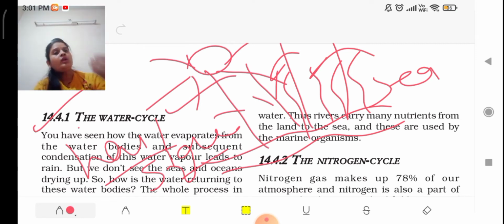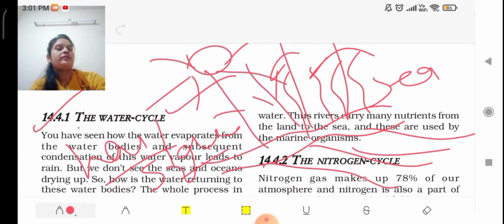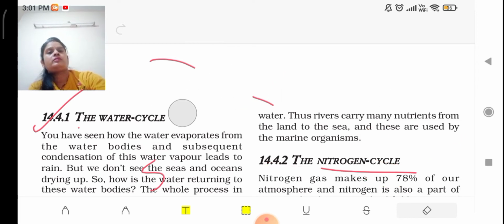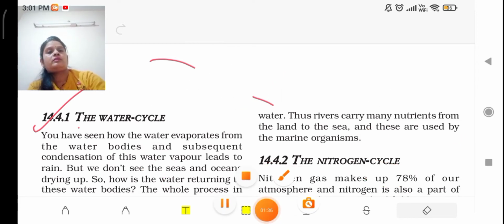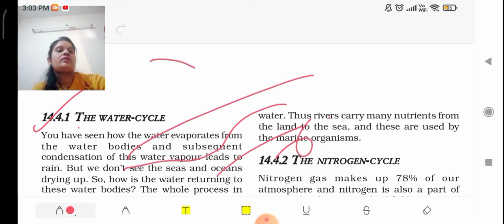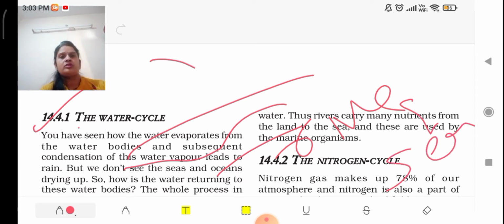Okay, now this rainwater falls on the earth. Along with the rivers and the lakes, it flows, and this water which falls on the earth in the form of rain flows along with the rivers and drains into the sea, ocean and other water bodies.